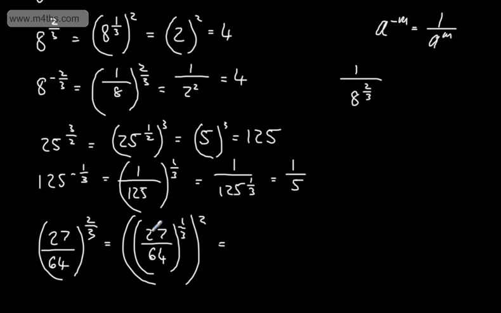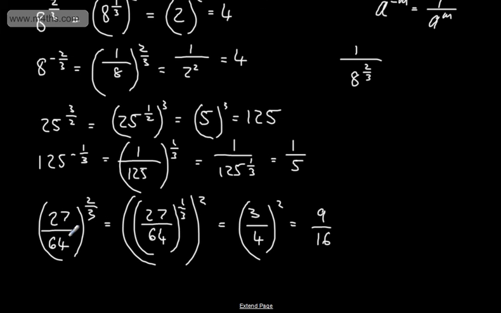So if we consider now 27 to the power of 1/3, that's the cube root, that's going to give me 3. 64 to the power of 1/3, that's the cube root, that's going to give me 4, and we simply need to go ahead now and square this. If I square 3, I'm going to get 9. If I square 4, I'm going to get 16. So we could say now that 27 over 64 to the power of 2/3 is 9/16.